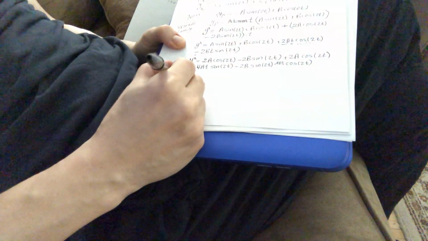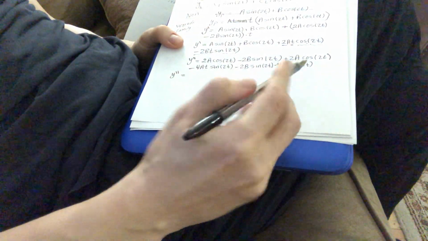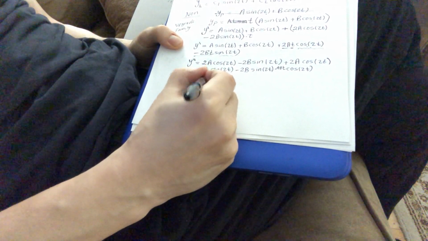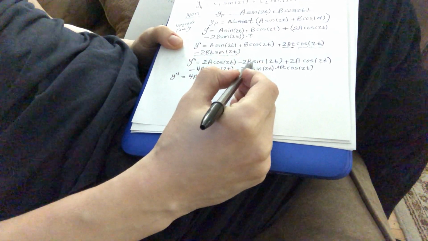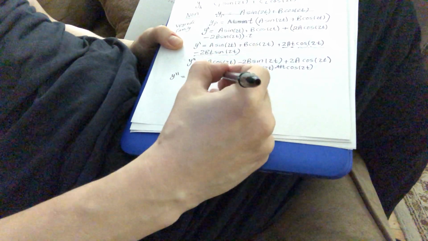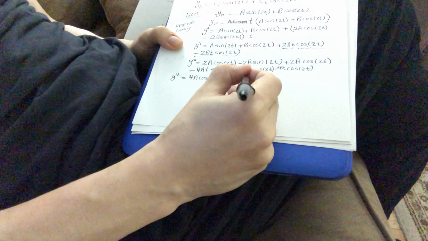If you want to combine this and make it look a little bit better, you have 2a cosine, 2a cosine, so that adds up to 4a cosine 2t, minus 2b sine, and minus 2b sine, so that's minus 4b sine of 2t.